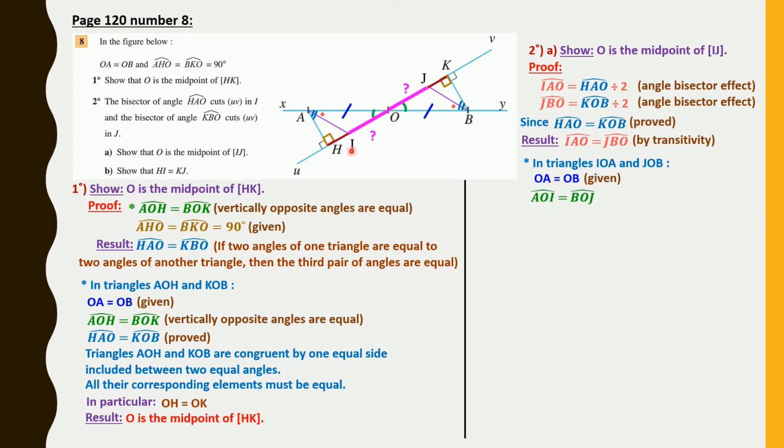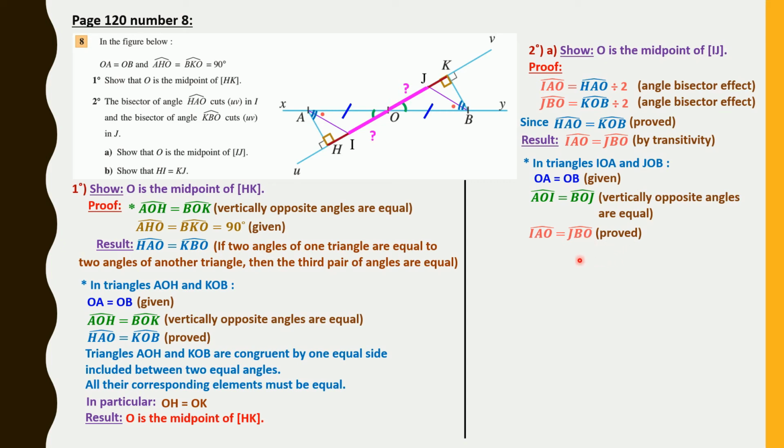Angle AOI equals angle BOJ, vertically opposite angles are equal. And last, angle IAO equals angle JBO. It's already proved. Instead of proving that these two angles are equal here between parentheses, we proved it at the beginning. Then we used it in our proof later on.